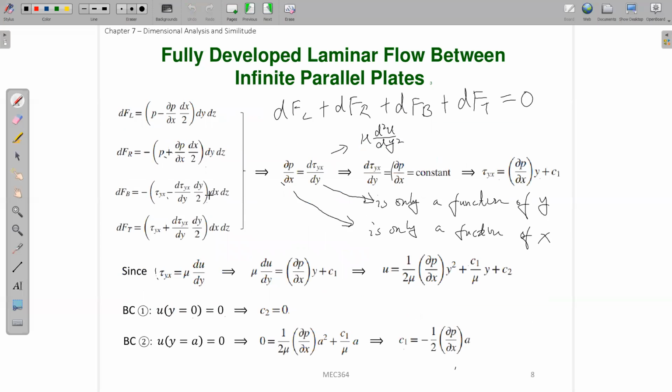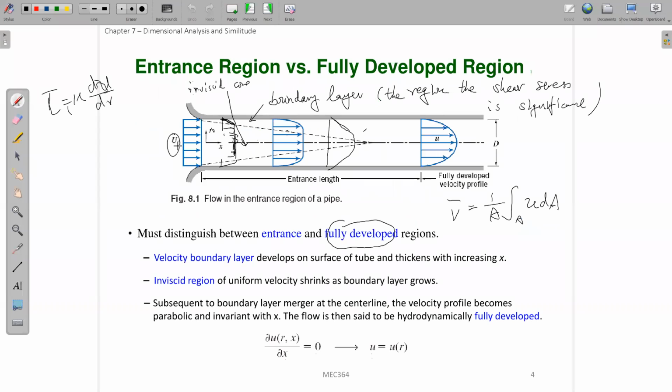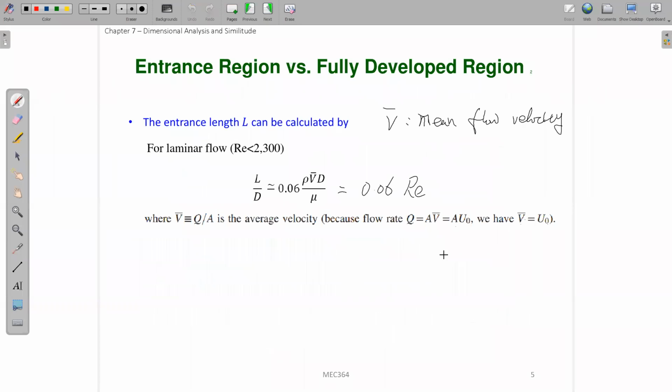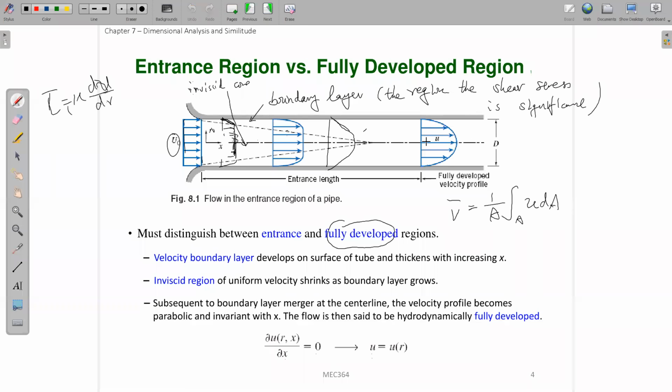if you look at this picture, if this is u0, and we know that this will be u average, right? This is u0 at the inlet, and we know that the v average will just equal u0, right? Then for the fully developed flow, this length here is where the flow is fully developed.